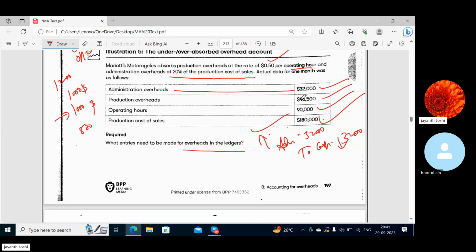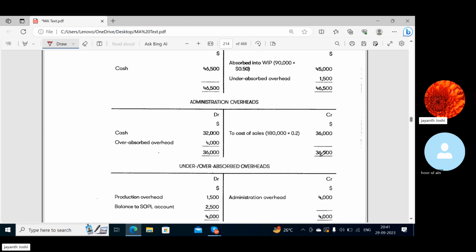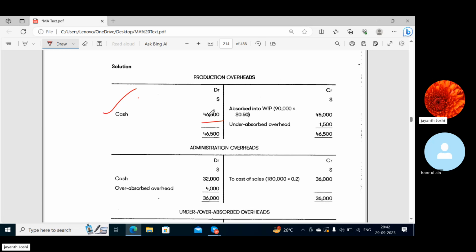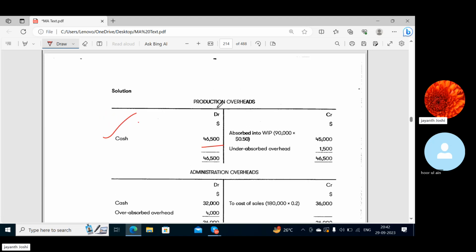For production overheads, it is production overheads to cash. So in production overheads, when I write debit, that shows an increase in expenditure. This is the overhead which you have incurred. Now, how much is absorbed?